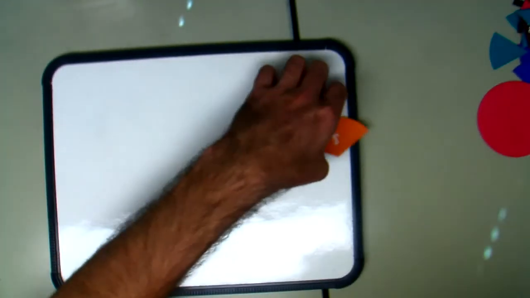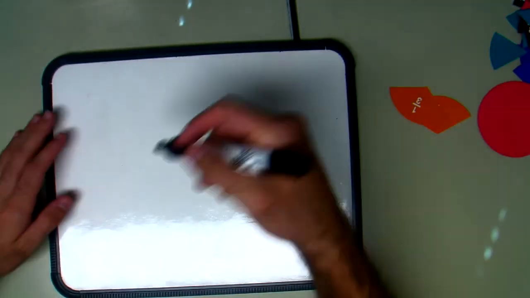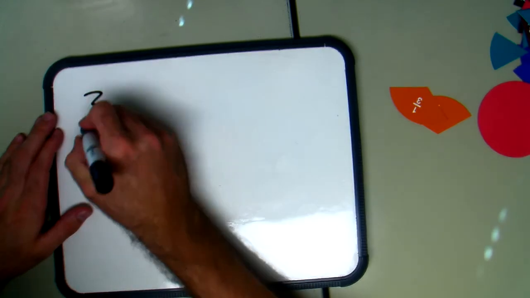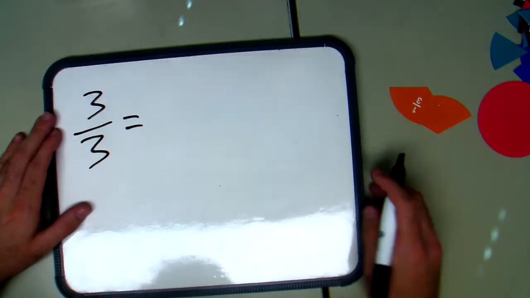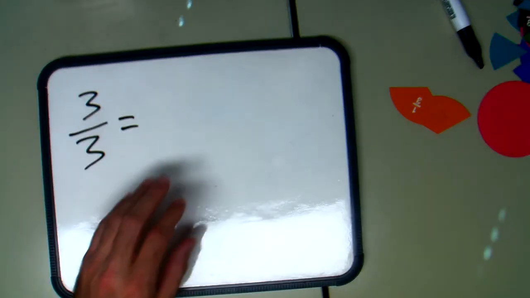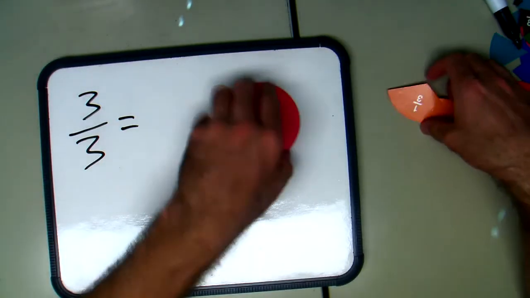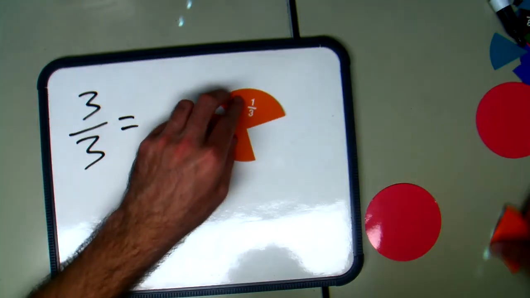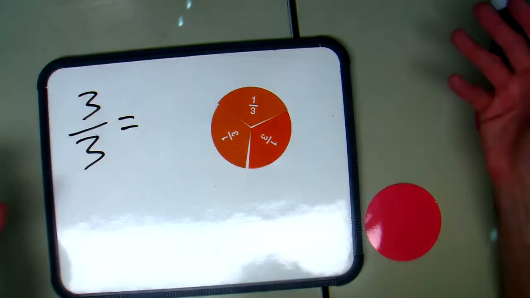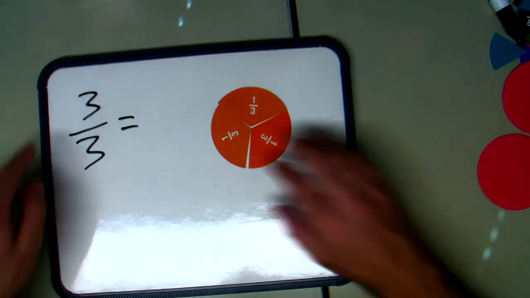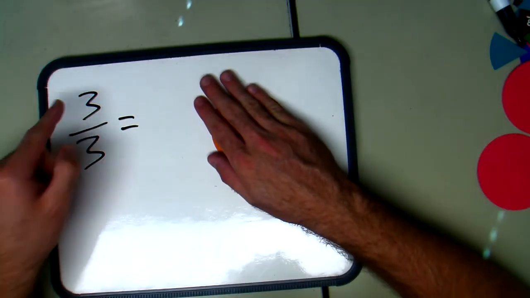What if I had, let's say, 3/3. What does that equal? Well, same idea. The bottom number tells me that I need 1, 2, 3 pieces. 3 pieces make one whole. The top number says I have 3 pieces.